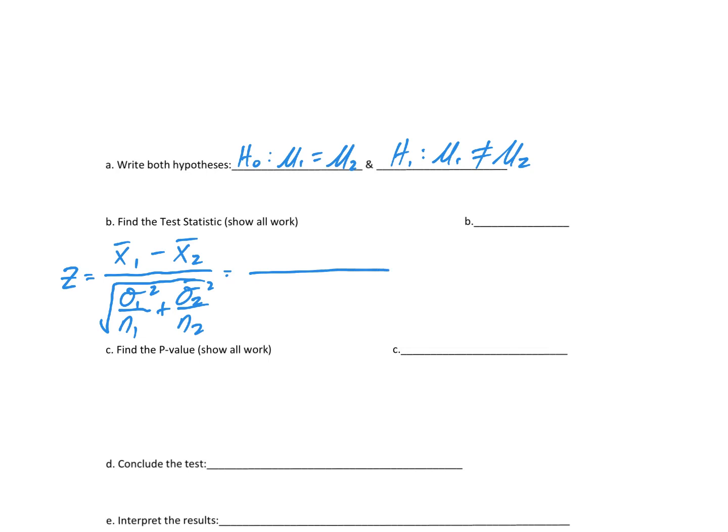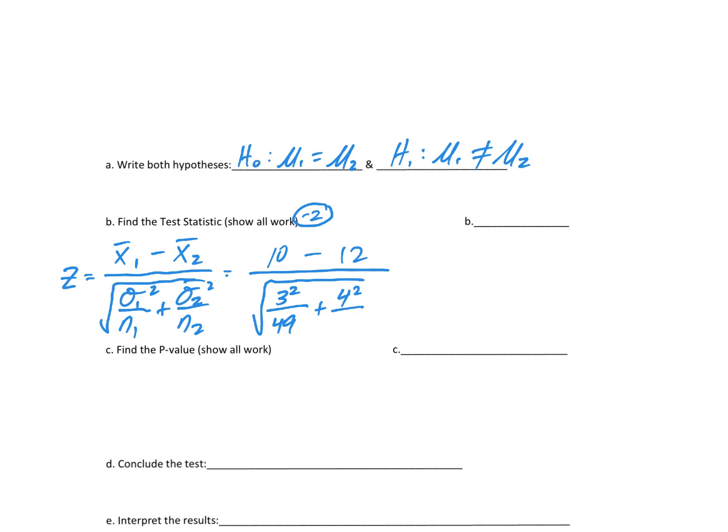So remember the x bar 1 was 10, the x bar 2 was 12. Remember that negative 2 is going to be used later in your confidence interval. Your sigma 1 was 3. We have to square it. And remember there was 49 data pieces. Your sigma sub 2 was 4.